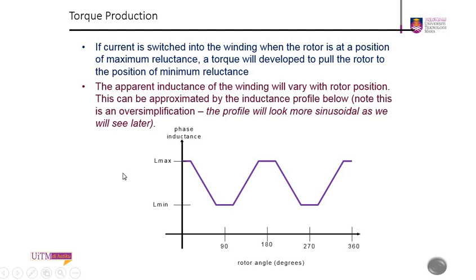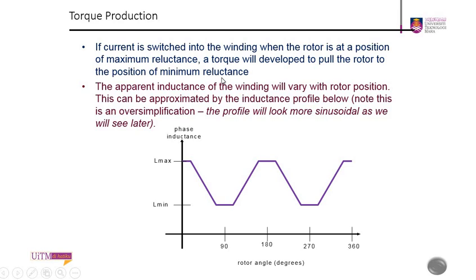If current is switched into the windings when the rotor is at the position of maximum reluctance, torque will be developed to pull the rotor to the position of minimum reluctance.